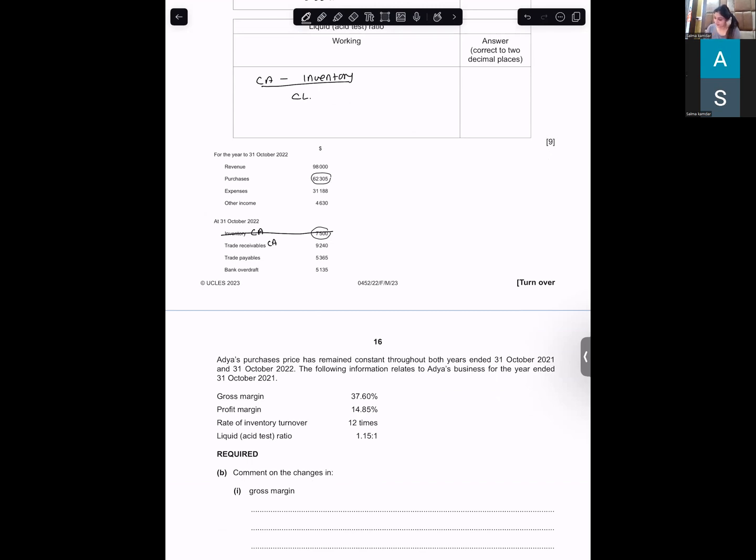First you add these two, then you subtract the closing inventory, so the inventory will go away. So we're left with 9,240.